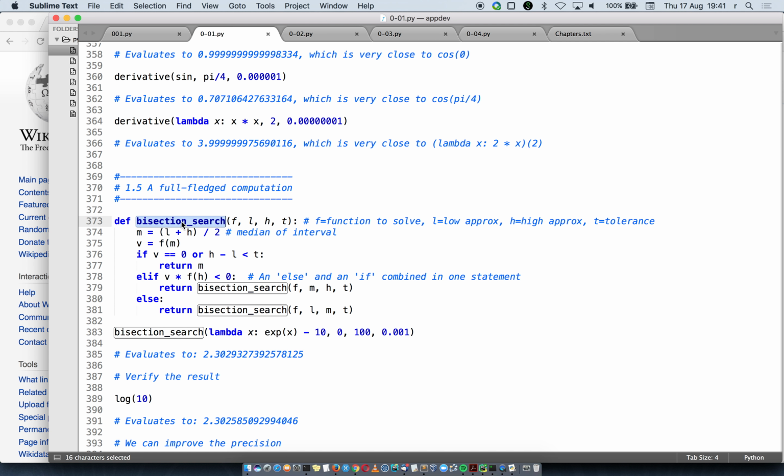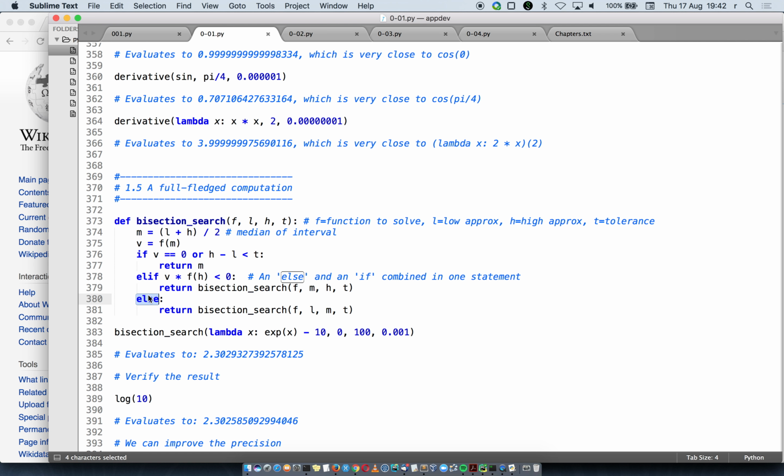Well, it provides the solution for a given l and a given h, right? So I have a new problem. The low limit is m, the high limit is h. So let me just start afresh, but with the low limit being m. All right? The second step is no different conceptually from the first step. Is this clear? So I'm going to reset the low limit to m. The high limit remains h. F and t are the same. It's like starting afresh, but this time my interval is m to h.